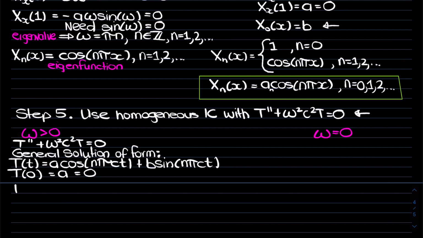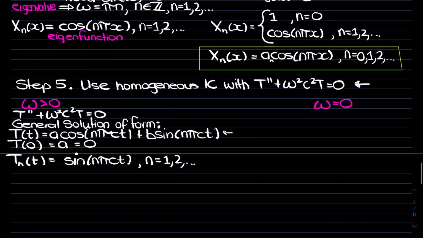So now our T_n of t, if a equals 0 up here, then we just end up with a sine n pi ct. And again, you could write b sine n pi ct. That's also correct as well. So this is for n equals 1, 2, and so on.